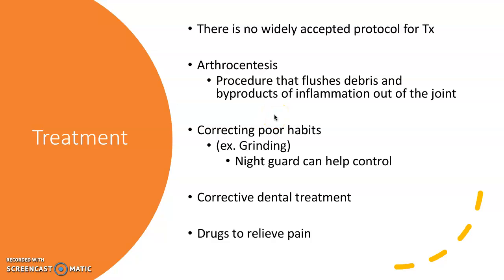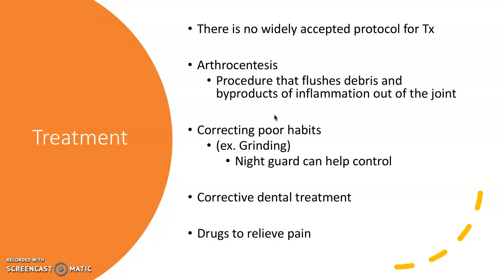There is no widely accepted treatment protocol for TMJD, but some of the things that they do include: one is arthrocentesis, which is a procedure that flushes debris and byproducts of inflammation out of the joint.